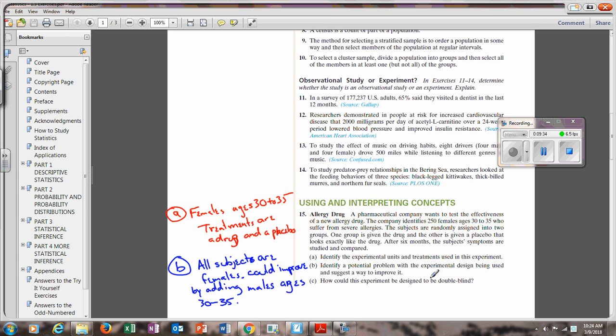How could this experiment be designed to be double-blind? Since the pills look exactly alike, we could have, as you can tell, I'm not an English teacher, could has an L in it.